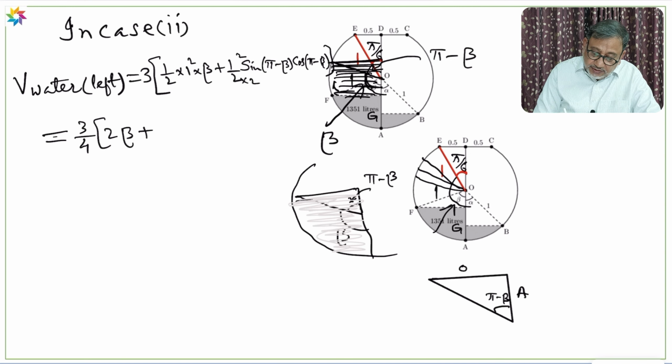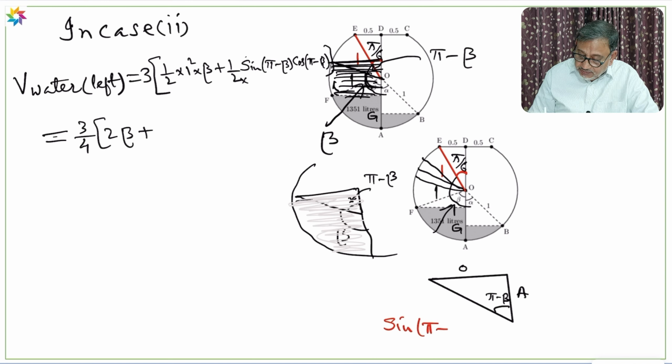But before that, sine of pi minus beta, sin A cos B minus cos A sin B, is equal to sin beta, and cos of pi minus beta will be minus cos beta.